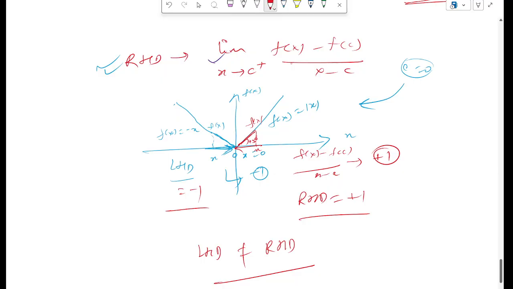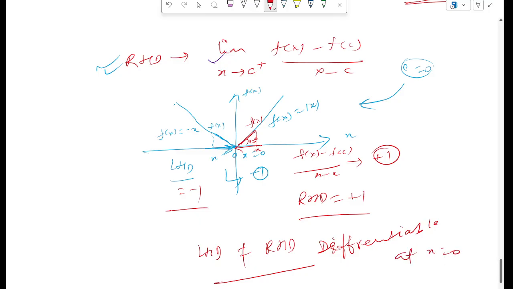That means the differentiation of this function at x equal to 0 does not exist. We can say that differentiability does not hold for this function at x equal to 0. So it is not differentiable at x equal to 0.